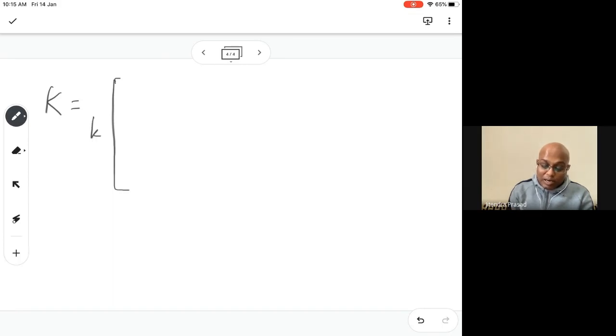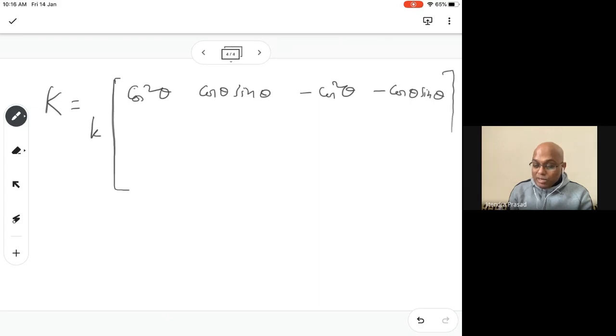Then you got cos square theta. You get cos theta sine theta. Okay, and then 1, 2 is done. Then you got minus cos square theta, minus cos theta sine theta. So you got that so far.